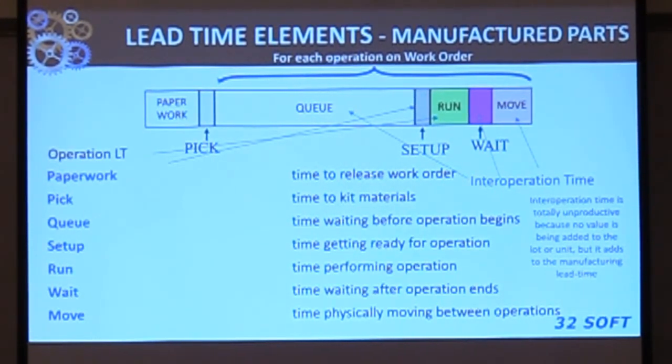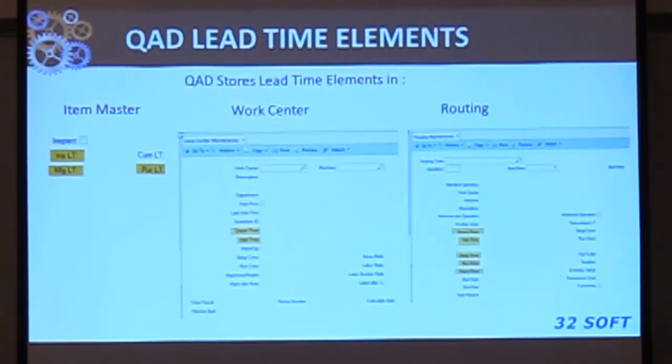This is where we want to minimize the amount of work in process so we can minimize our lead time within that process. Queue time, typically in most factories, accounts for 85 to 90% of lead time. That's why we want to keep those work orders in the production planning department and not release them out on the floor. So we reduce that amount of queue time.